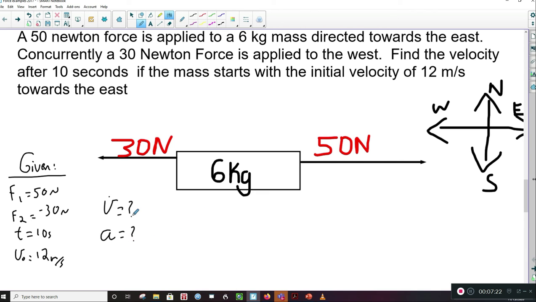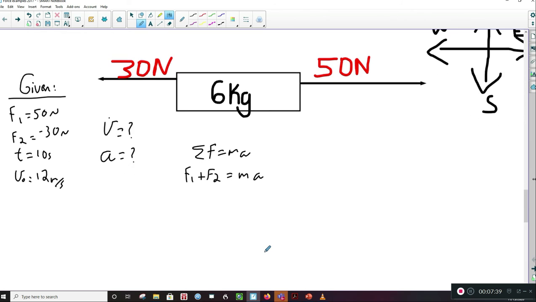And then once I have that, I can find the final velocity fairly easily. So let's start with sigma F equals ma. So I have F1 plus F2 equals ma. F1 is 50 newtons, and F2 is negative 30 newtons.